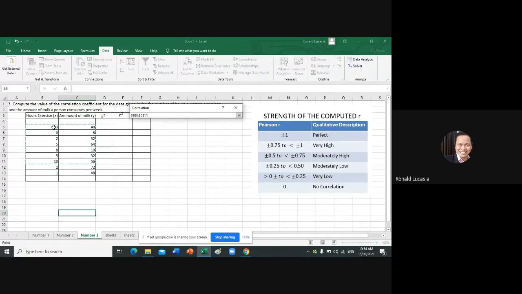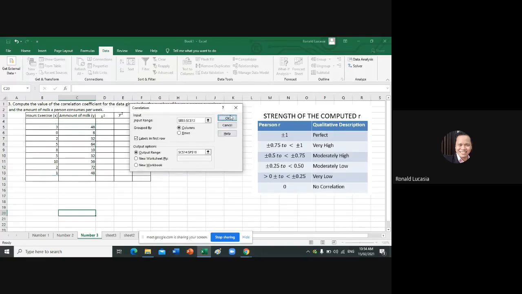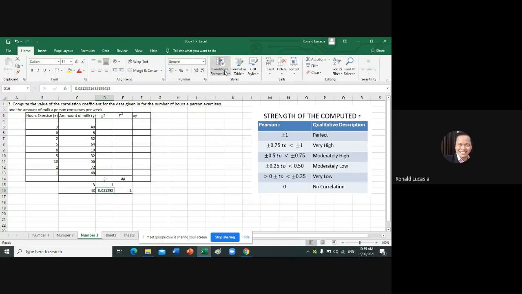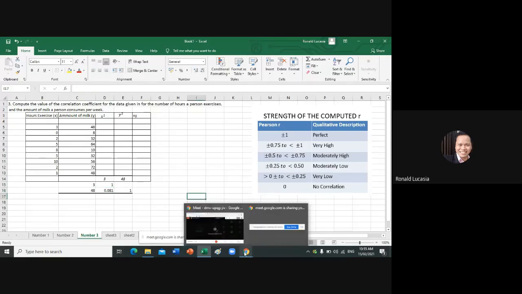Just highlight everything, and okay, we have 0.081, 3 decimal places. The same thing as our answers earlier.